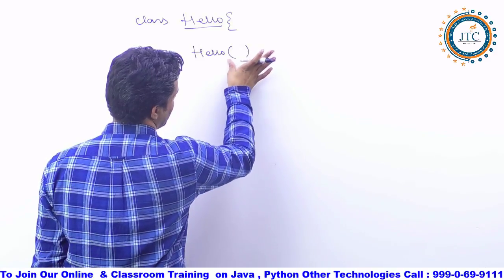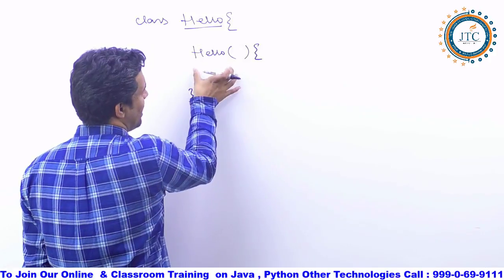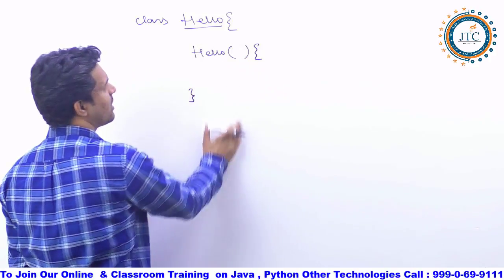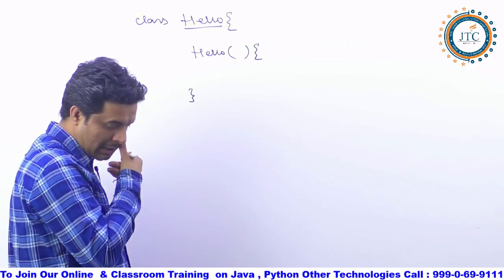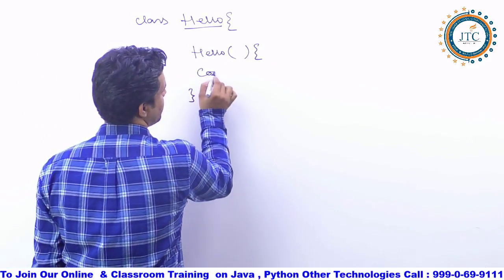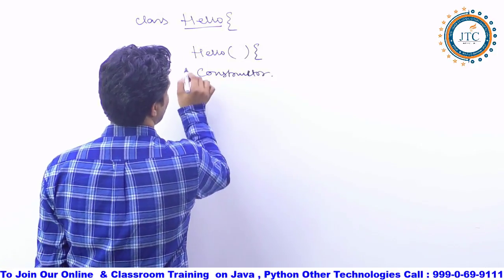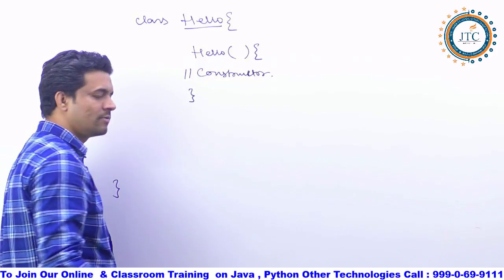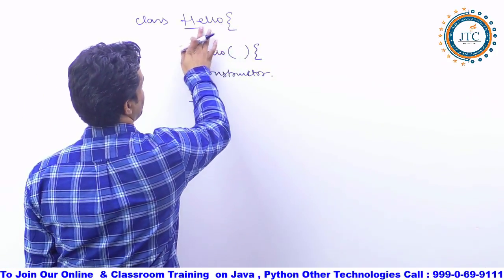Just have a look here. I have written one constructor here, and we will be calling this one a constructor. So we are writing a class, and this hello is the name of the class.